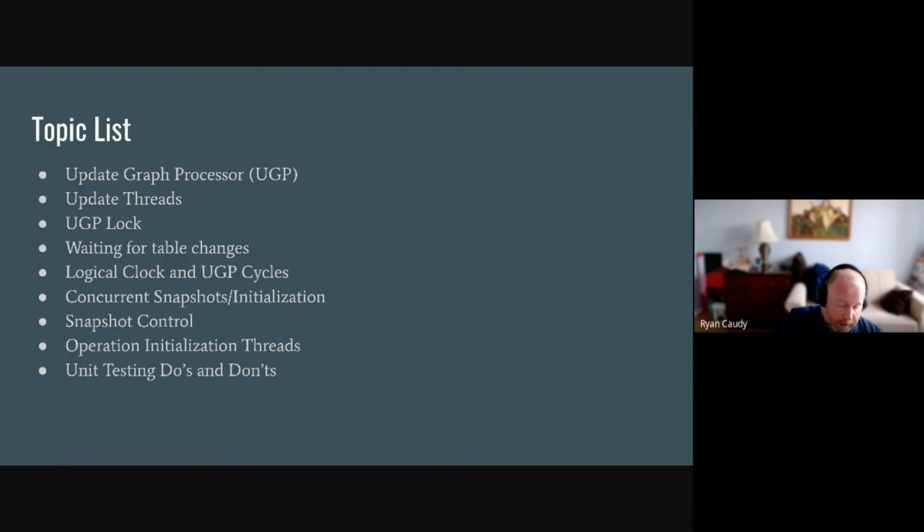There are testing tools built into the update graph processor right now that allow you to deliver updates in another thread, and then wait for those updates to be delivered in your primary thread. And that's often the mechanism we want for something like this going forward.